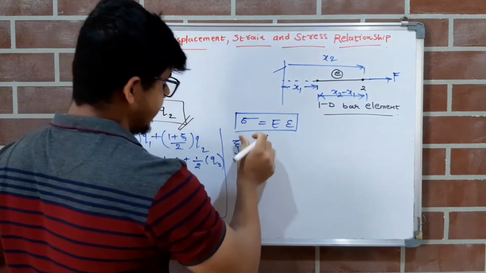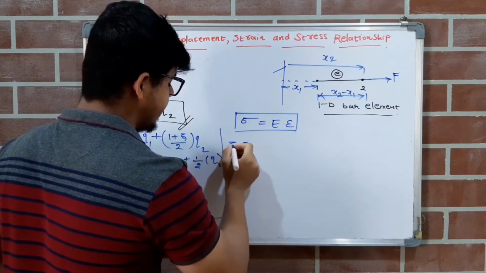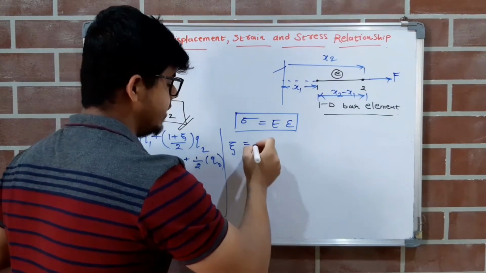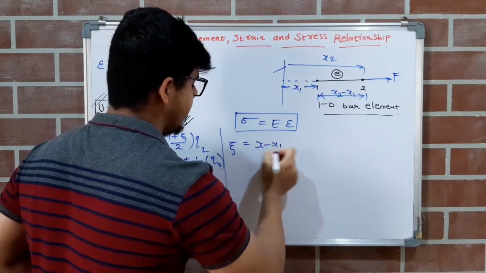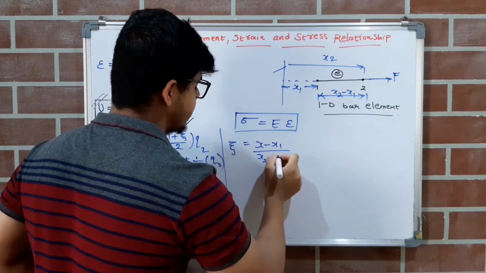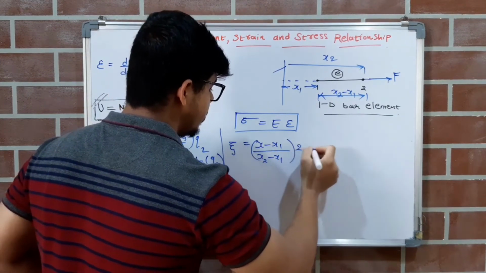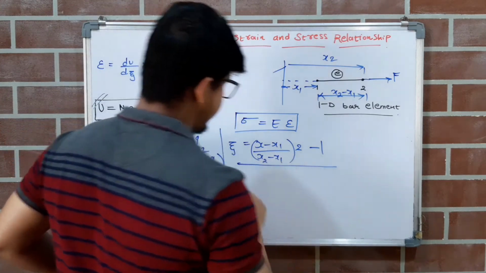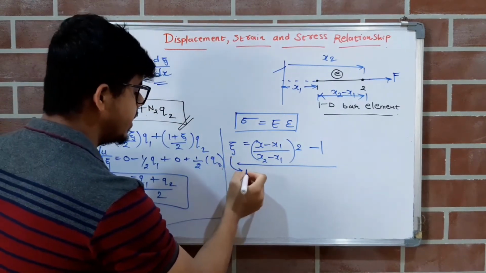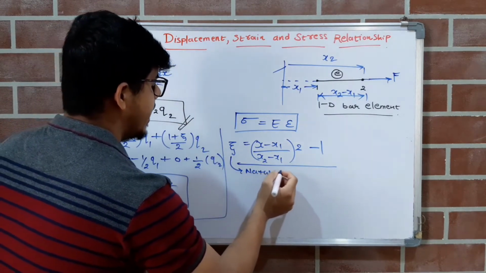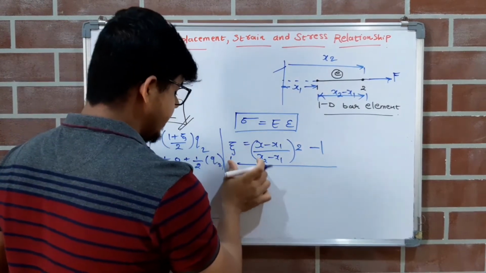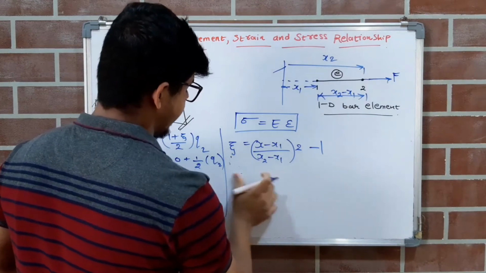So zeta, the natural coordinate, in terms of the local or Cartesian coordinate is given by (x minus x1) upon (x2 minus x1) into 2, minus 1, right? So this is the formula which relates the natural coordinate and the Cartesian coordinate x.